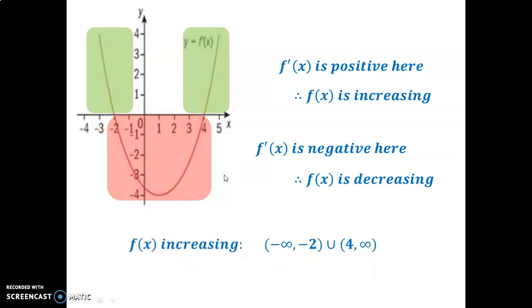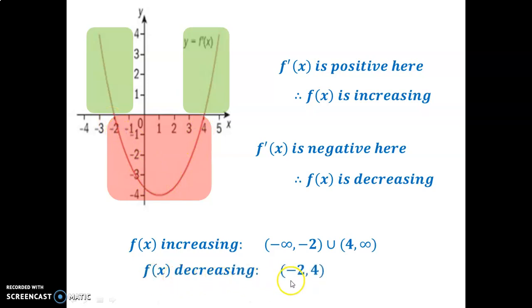That means the original graph is increasing from negative infinity in terms of x values all the way to negative 2. Then the derivative takes on negative values after an x value of negative 2. So here, the graph must be decreasing.